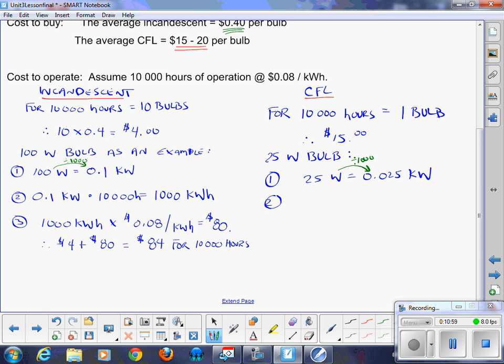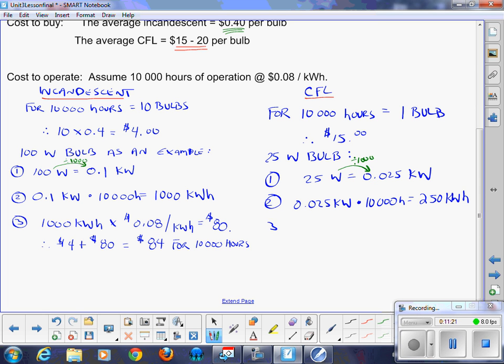Step two, that 0.025 kilowatts, we're going to multiply by the 10,000 hours. So that will take 250 kilowatt hours.